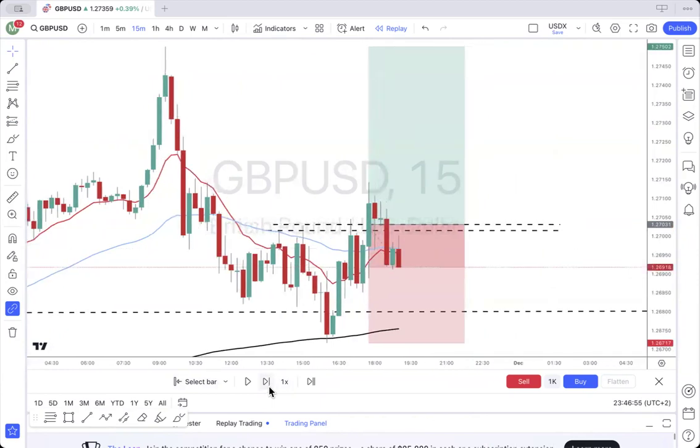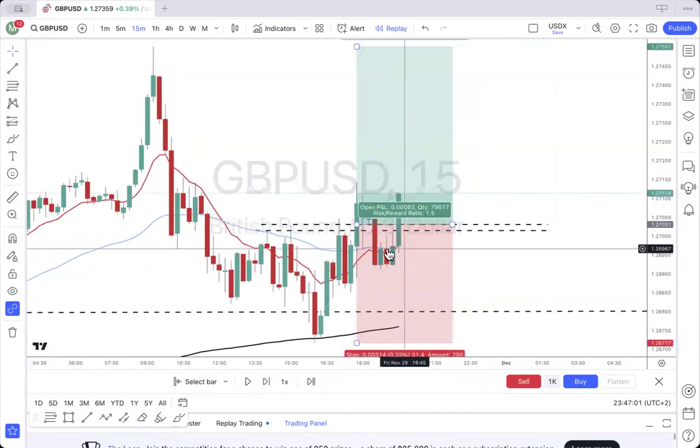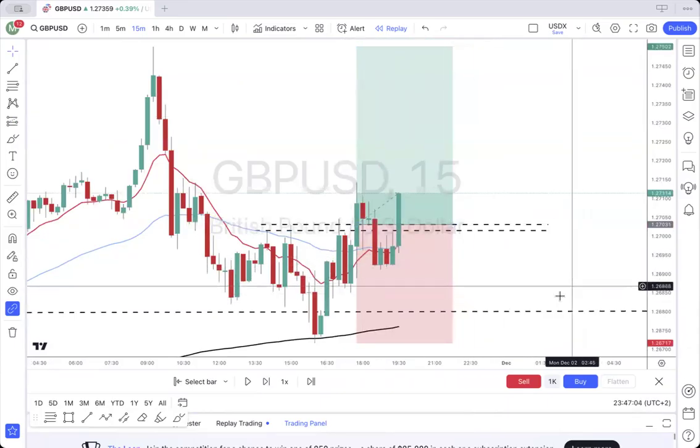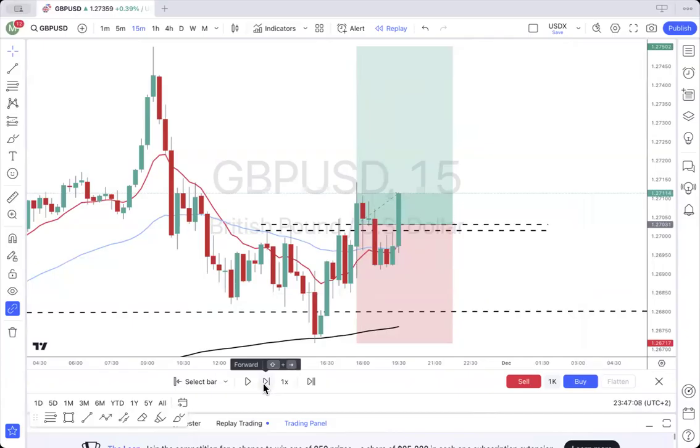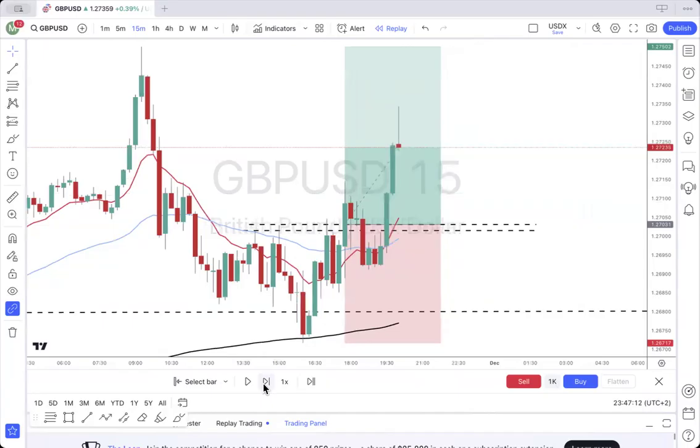All right. This is what happens next. Now you see a cow there. Cow 4 candle setup. Now I'm in profit. So I was in drawdown for a short time. Now I'm in profit. Look at that.